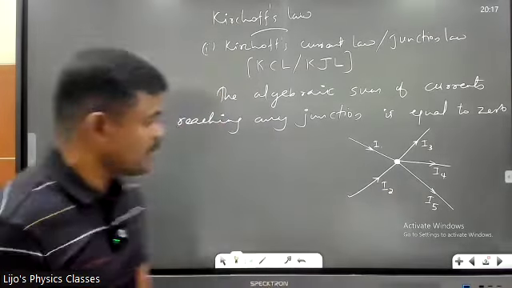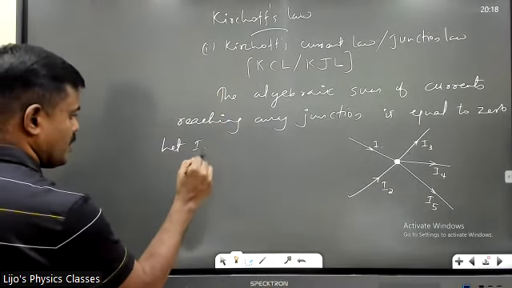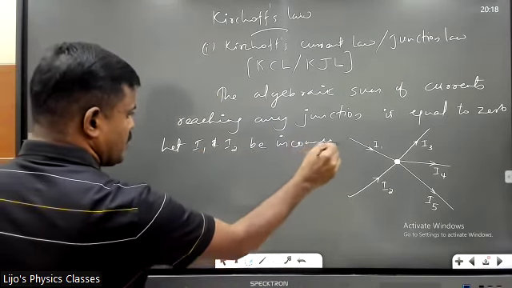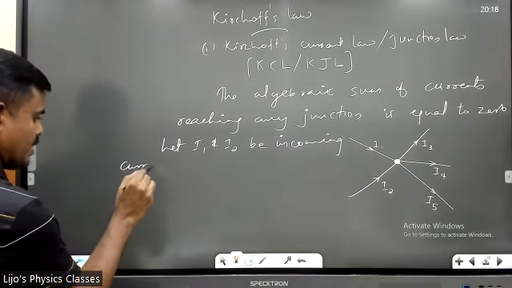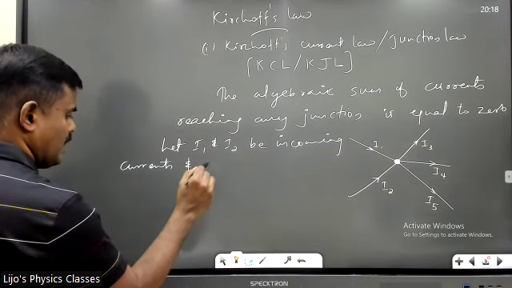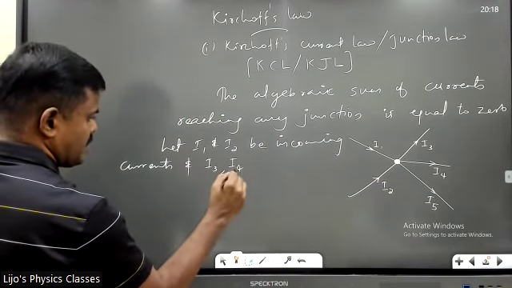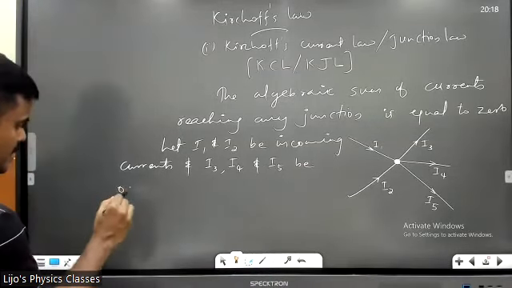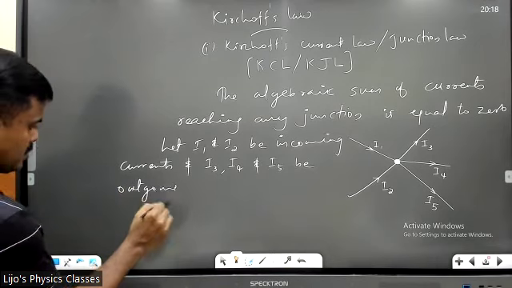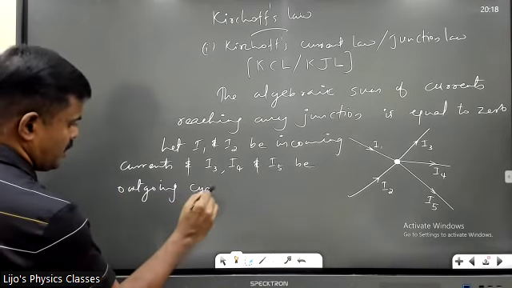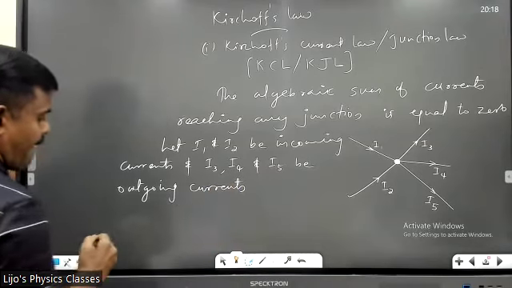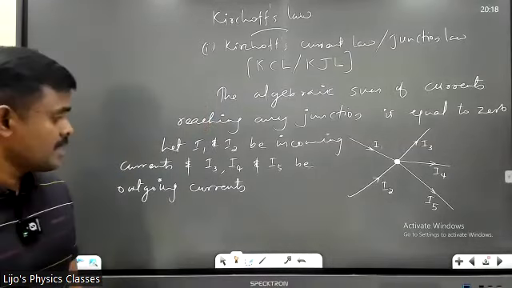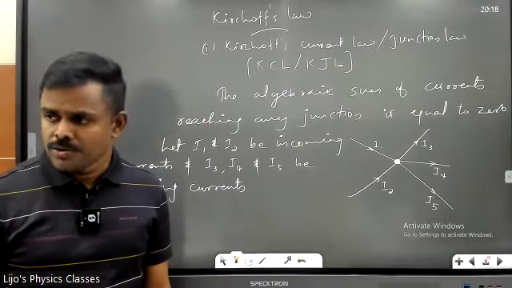So you can write, let I1 and I2 be the incoming currents and I3, I4 and I5 be the outgoing currents.